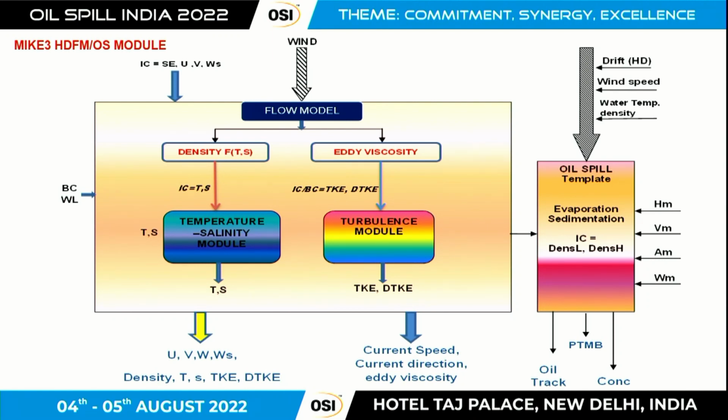This one is obtained from DHI. The name of the model is Mike-3 Hydrodynamic Flow Model and Oil Spill Module. So these two models will be coupled together, and then you can estimate the high resolution hydrodynamics and also the change in the physical and chemical characteristics of the oil pollutant.